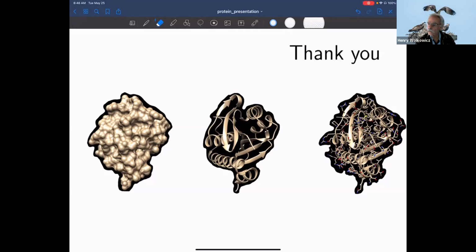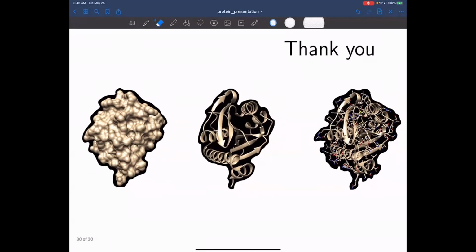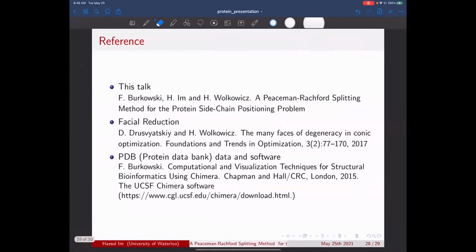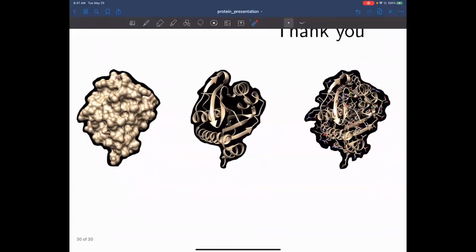While he gets back, maybe I can explain this picture a little bit. This picture is coming from the software Chimera. This is the same protein, but I'm just trying to show how strong this visualization tool is. This is one protein with all the surface, because each atom has a volume, so it forms a surface. This picture is only describing the backbone of this protein.